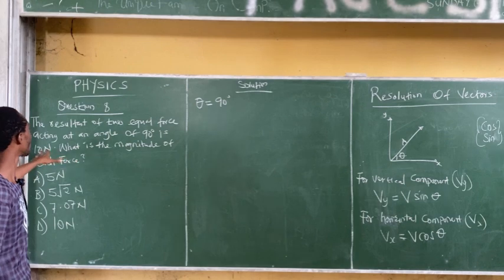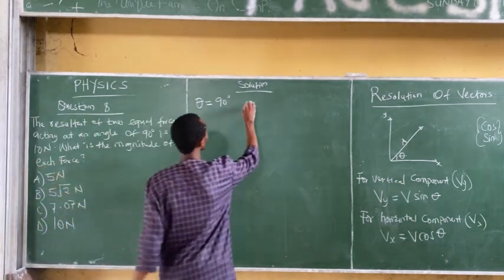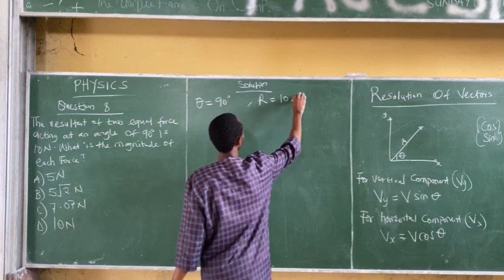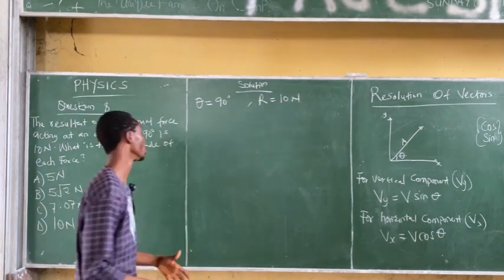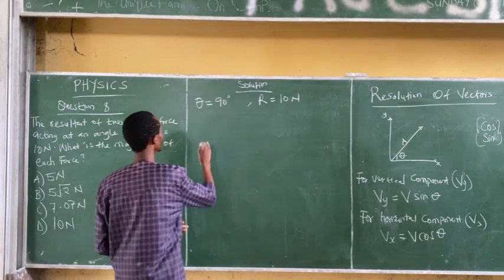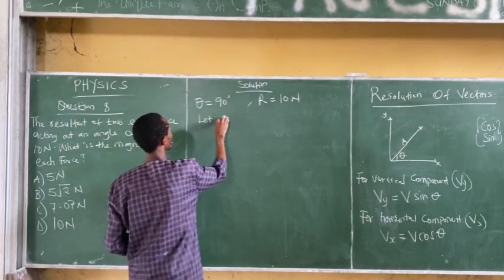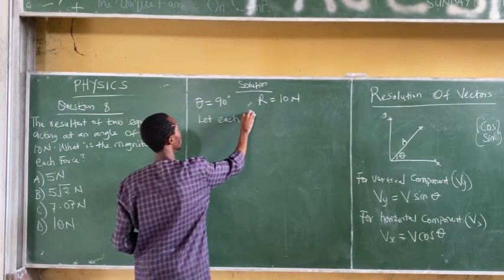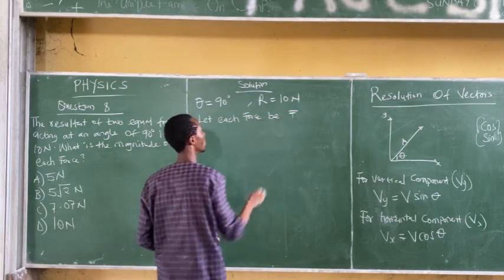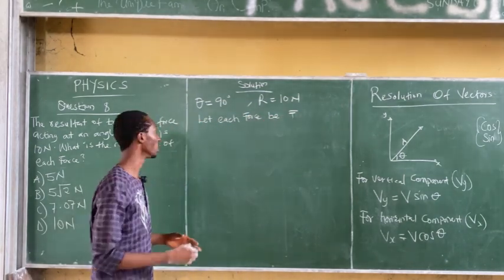And they said the resultant force is 10 newtons, so we have R equal to 10 newtons. They ask what is the magnitude of each? At this point, we say let each force be F.